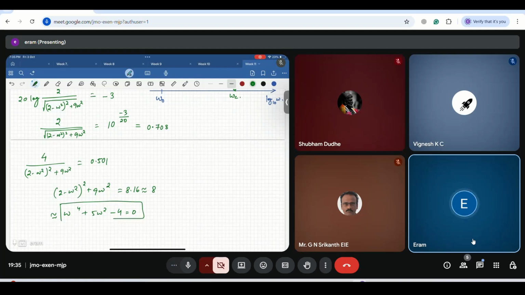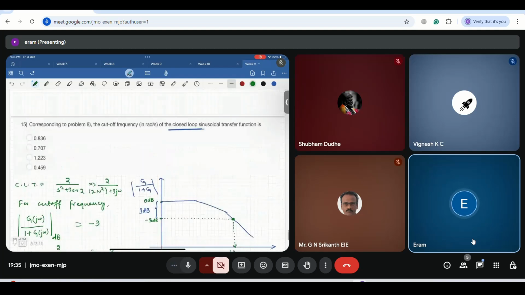So if you solve this quadratic, you will get omega square equals, again by putting the values you can calculate. One you will get 5.7 and another you will get 0.701. Negative we cannot take. So omega square equals 0.701. That means omega is the square root of 0.701, which is equal to 0.837 radian per second. So you can do the calculation. So the first is the correct option.